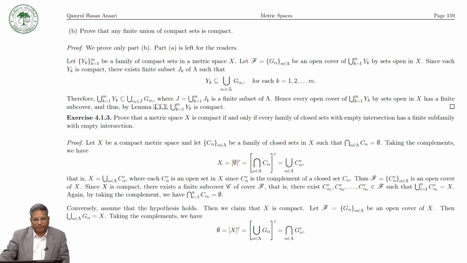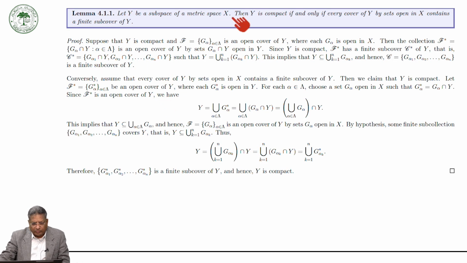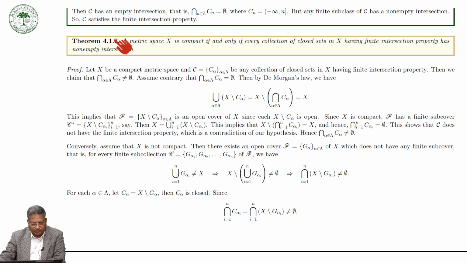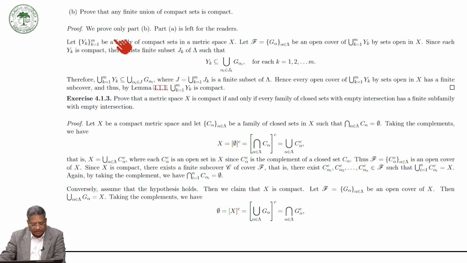Therefore, by this lemma, Y is compact if and only if every open cover of Y by sets open in X has a finite subcover, we can prove that the union of Yk is compact.